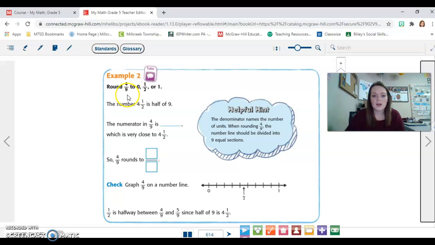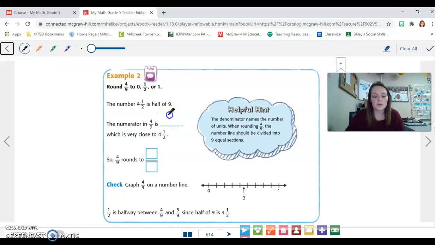Let's look at example 2. It says round 4/9 to 0, 1/2, or 1. The number 4 and 1/2 is half of 9. The numerator in 4/9, what is the numerator? The numerator is always the top number, so we're going to write a 4, which is very close to 4 and 1/2. So 4/9 rounds to 1/2 because the 4 and the 9 is very similar to cutting it in half.